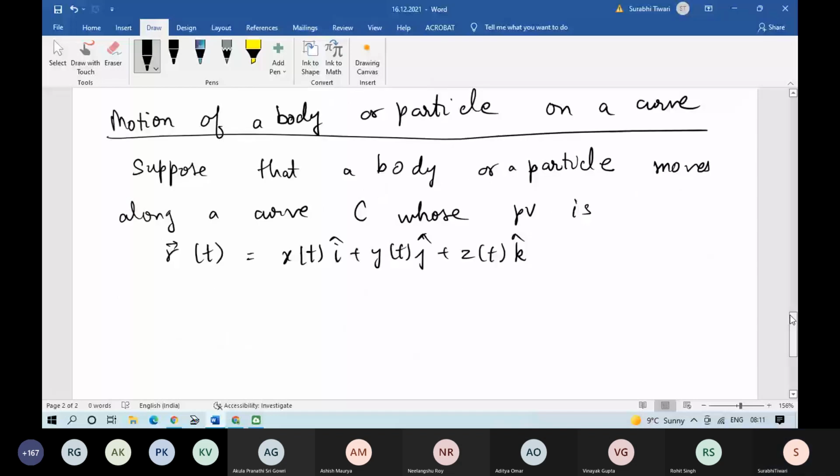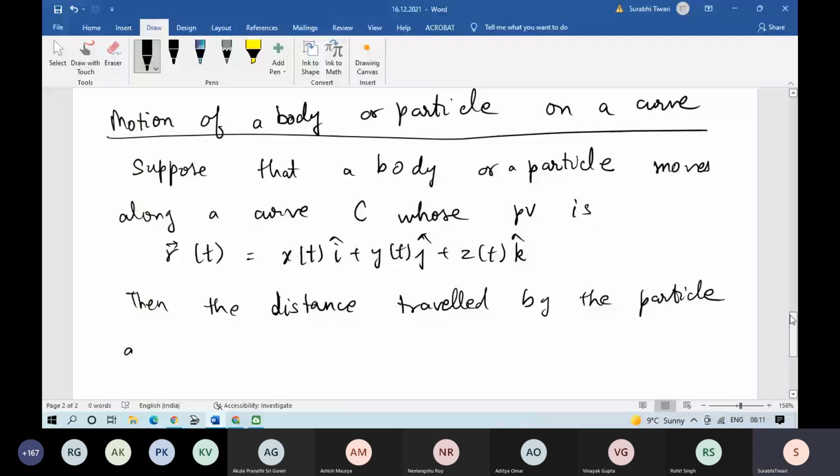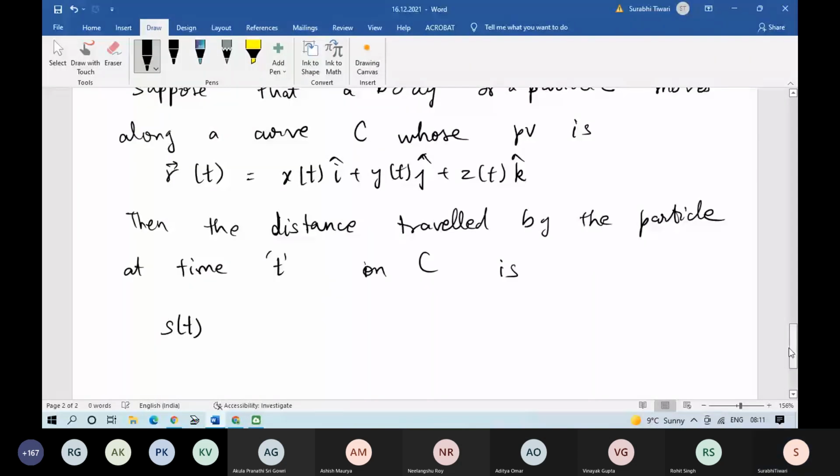Then the distance traveled by the particle at time t on C is s(t) = integral from a to t of the norm of r'(ξ) dξ, which we have derived above.